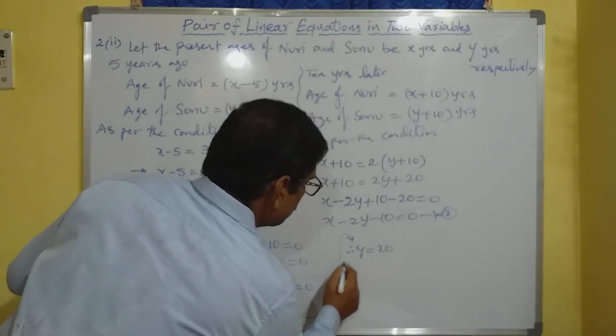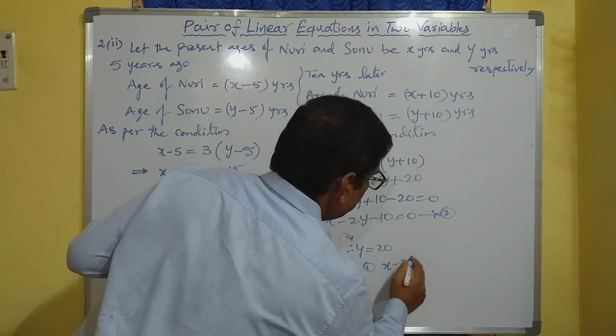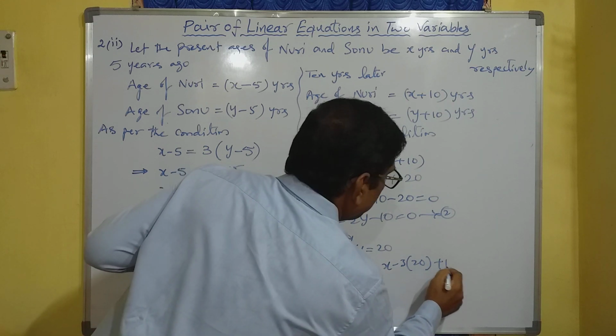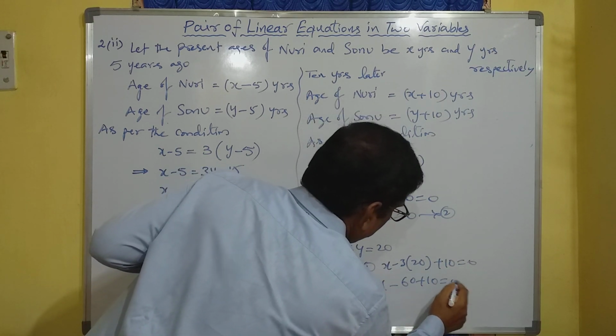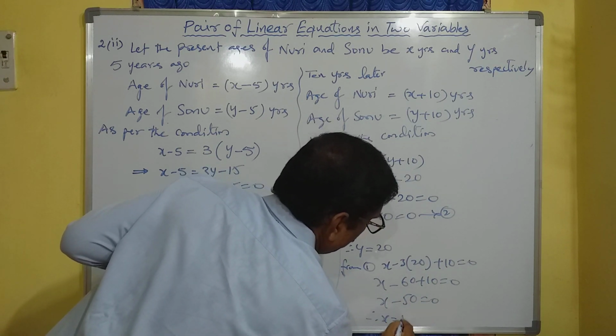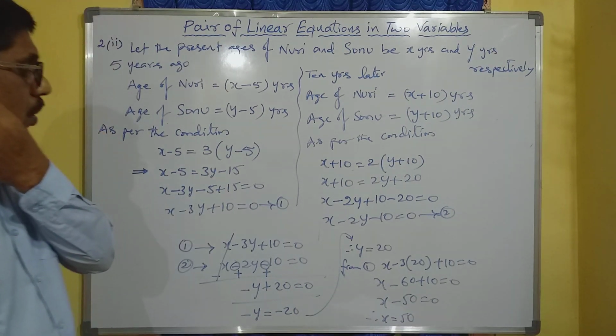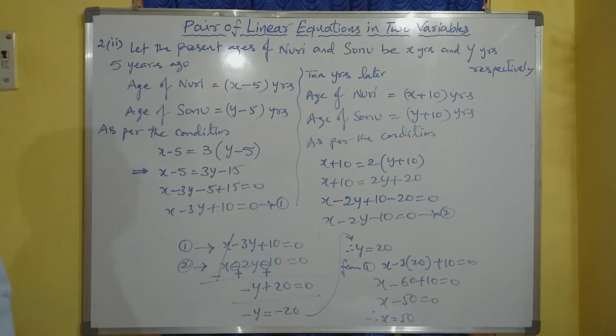Let us substitute in equation 1. From 1, x minus 3 into 20 plus 10 is equal to 0. x minus 60 plus 10 is equal to 0. Then x minus 50 is equal to 0. Therefore, x is equal to 50.